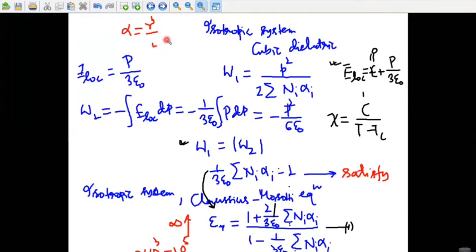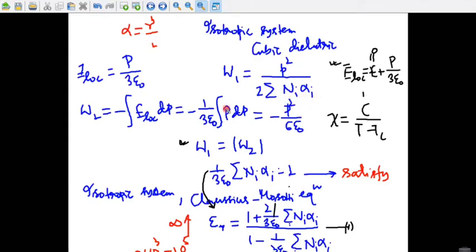So for an isotropic system, that is, for a cubic dielectric, W1 equals P square upon twice the summation of Ni alpha i, where P is the polarization and Ni and alpha i are the atomic concentration and the polarizability of the ith atom respectively.